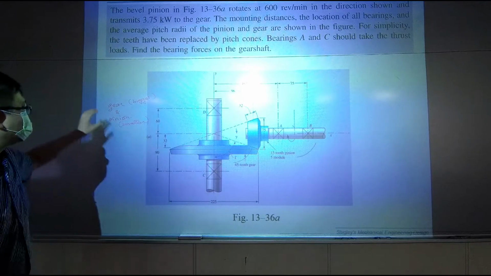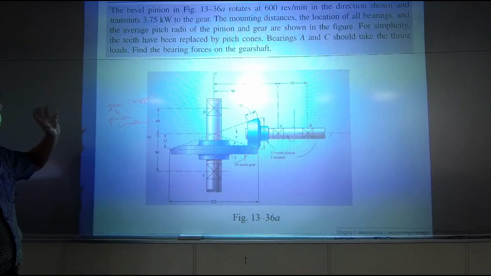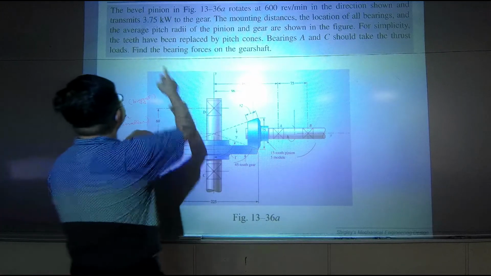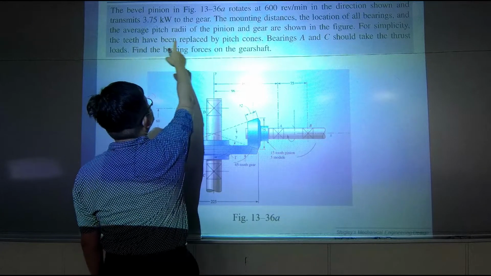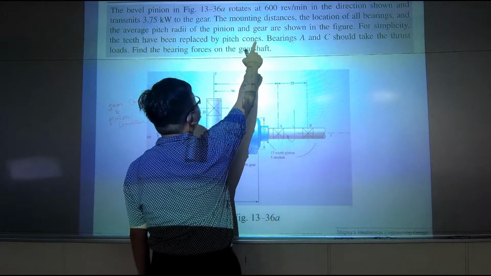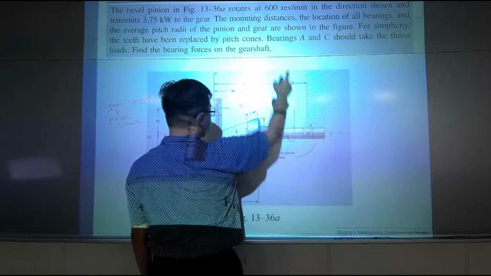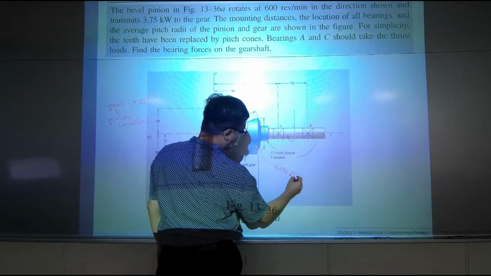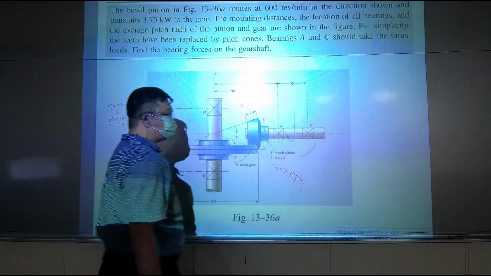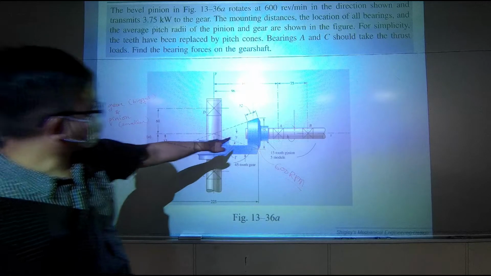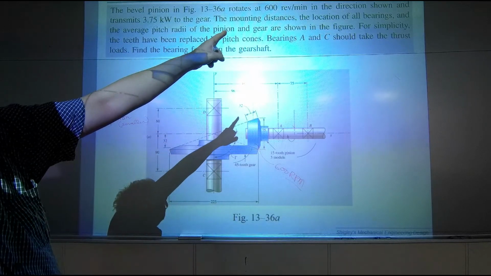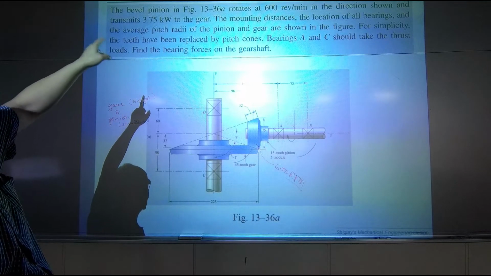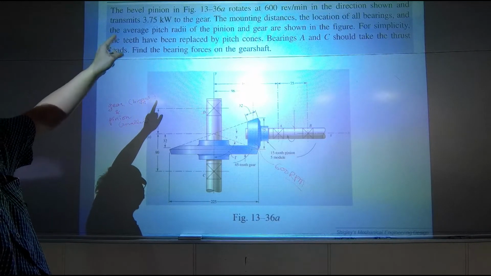That's why we need to understand what's going on in words. So the bevel pinion rotates at 600 revolutions per minute. It's telling you this one rotates at 600 RPM, in the direction shown, and transmits 3.75 kilowatts to the gear.